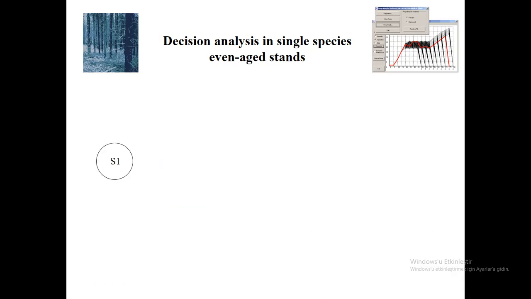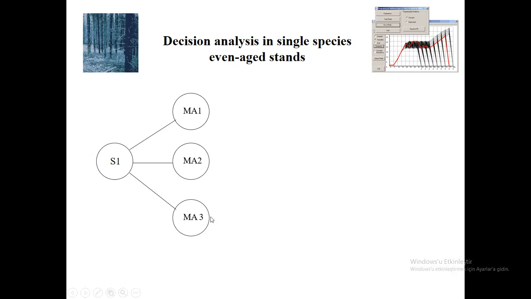So decision analysis starts with, let's say, the current situation, and there would be some alternatives. S1 start refers to, let's say, the soil expectation value at the time of 0. This then would go through a number of management alternatives: alternative 1, alternative 2, alternative 3.